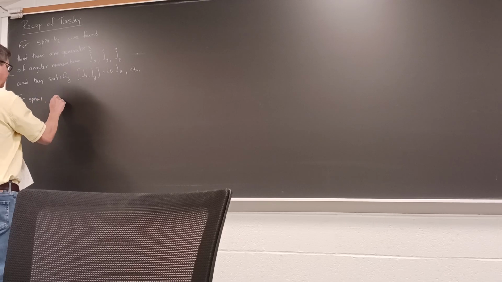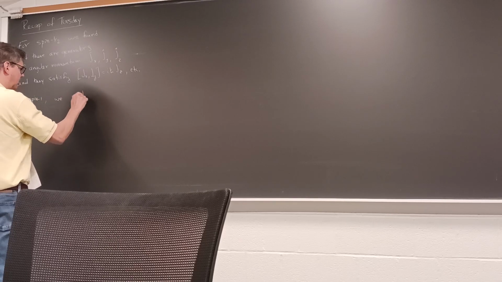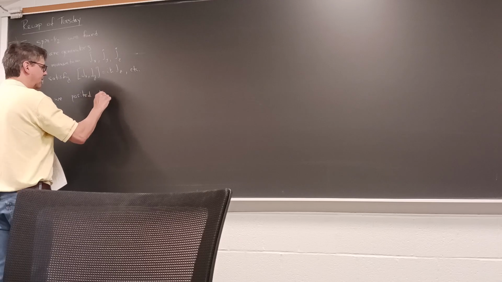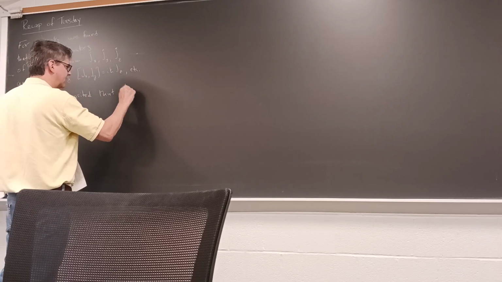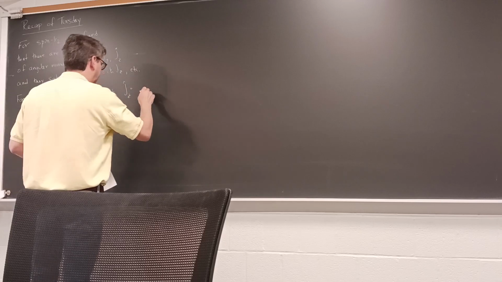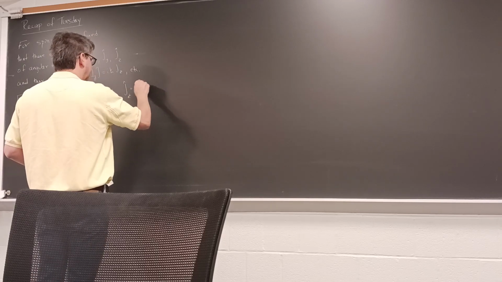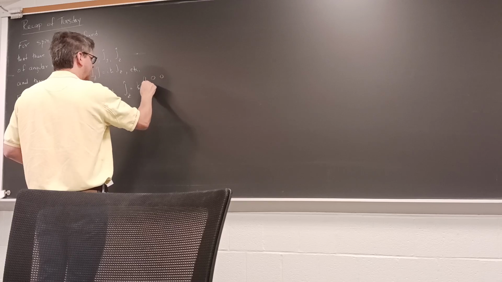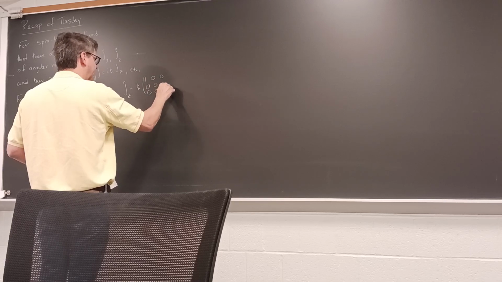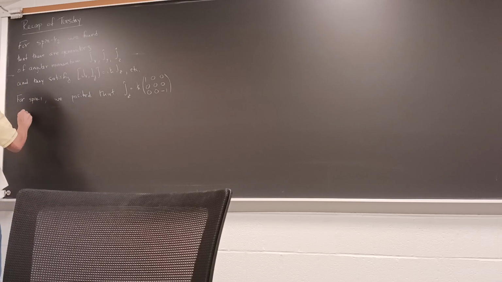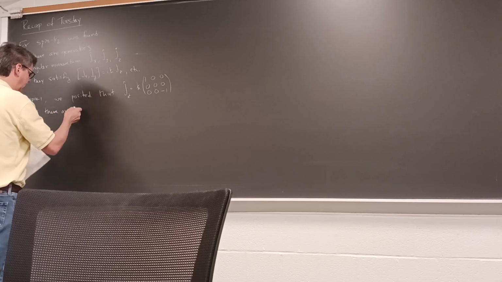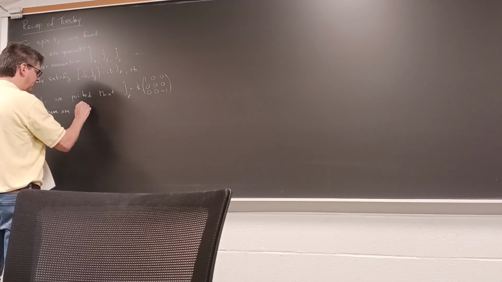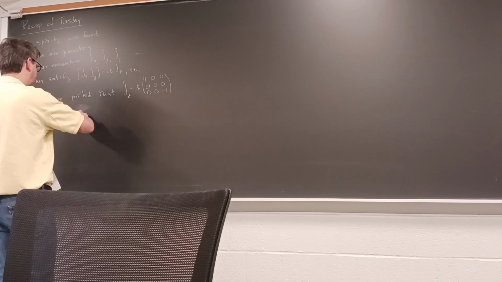So for spin 1, we just posited that Jz was given by this matrix representation ħ times 1, 0, 0, 0, 0, 0, 0, 0, minus 1. And that there are the same commutation relations.